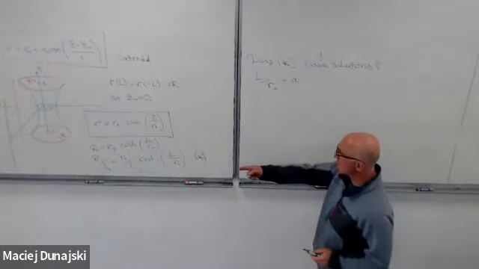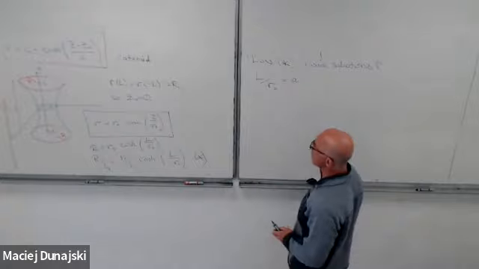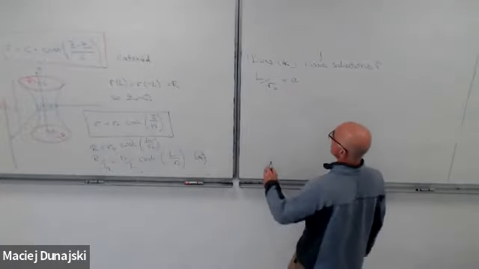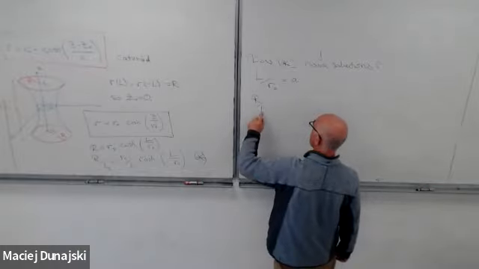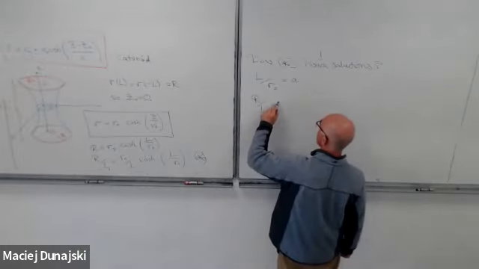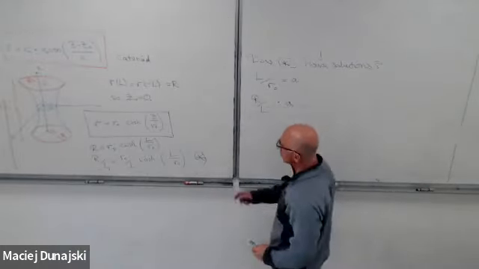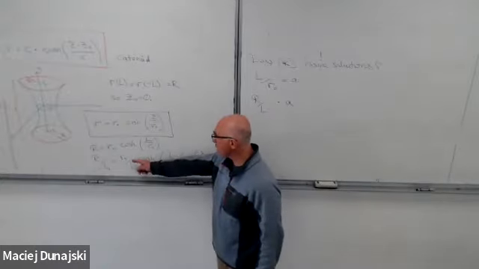So how does my equation look? If L over R0 is A, then I have R over L times A, so I'm now multiplying both sides by L over R0.